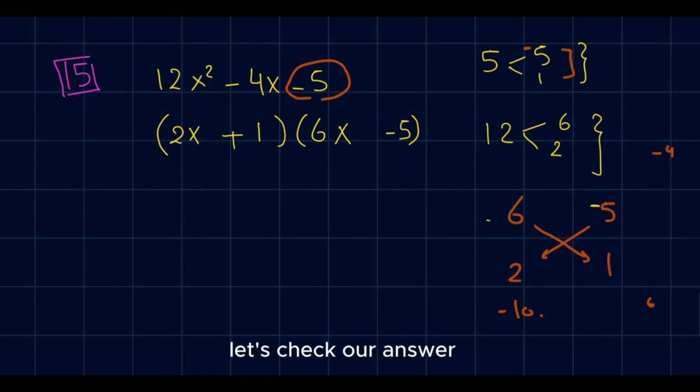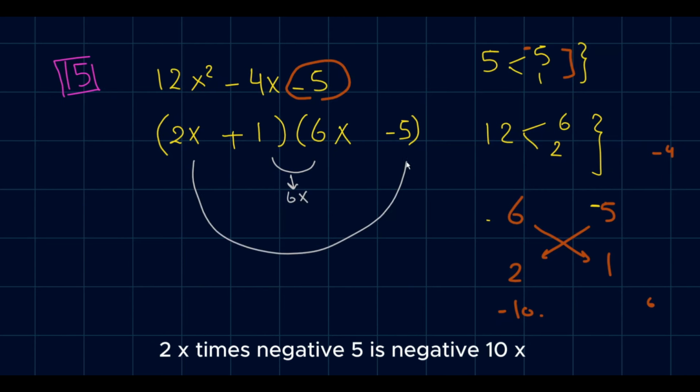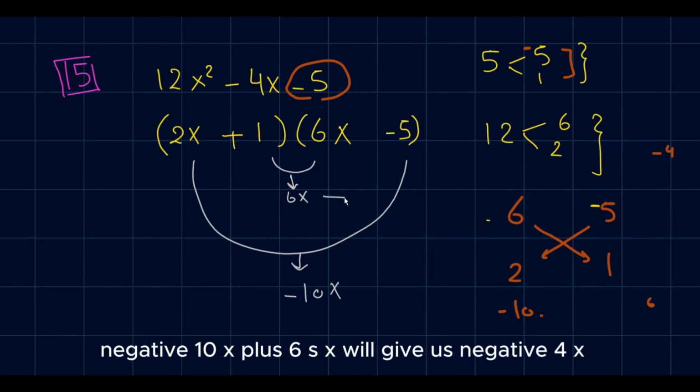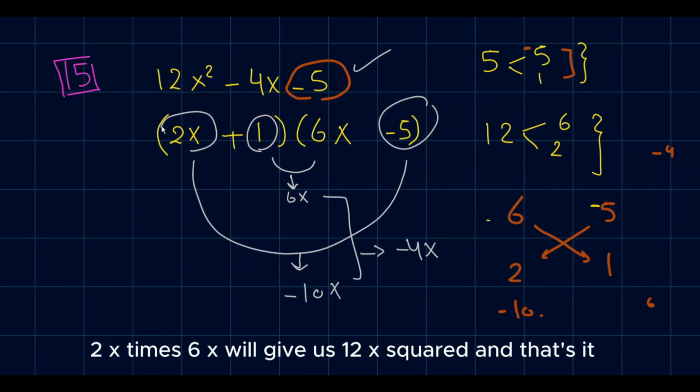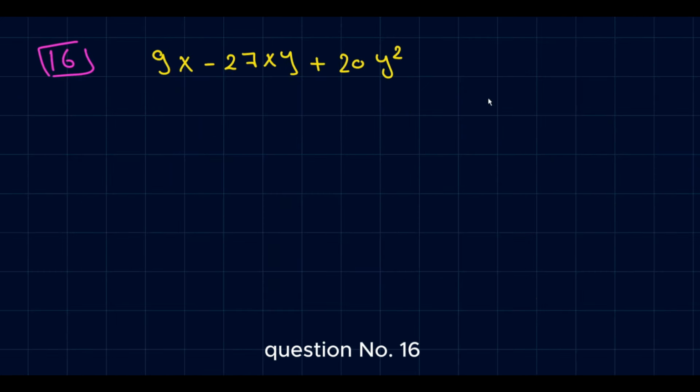Let's check our answer. 1 times 6x is 6x. 2x times negative 5 is negative 10x. Negative 10x plus 6x will give us negative 4x. And of course, negative 5 times 1 will give us negative 5. 2x times 6x will give us 12x squared. And that's it.